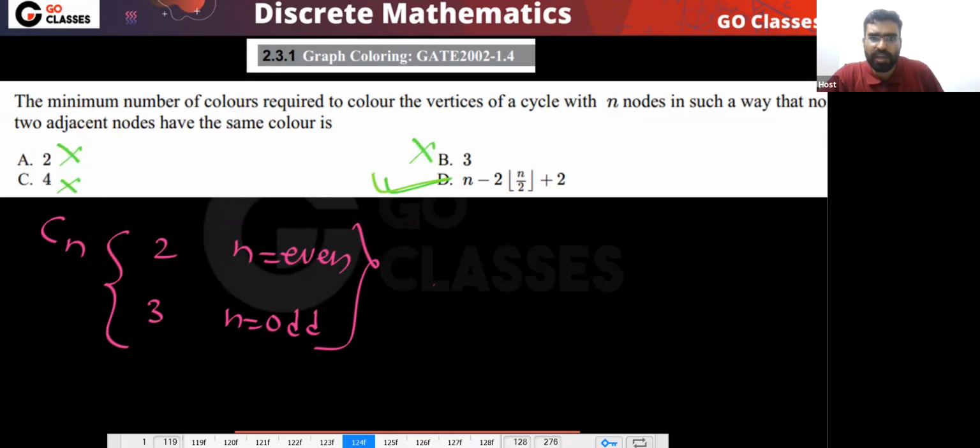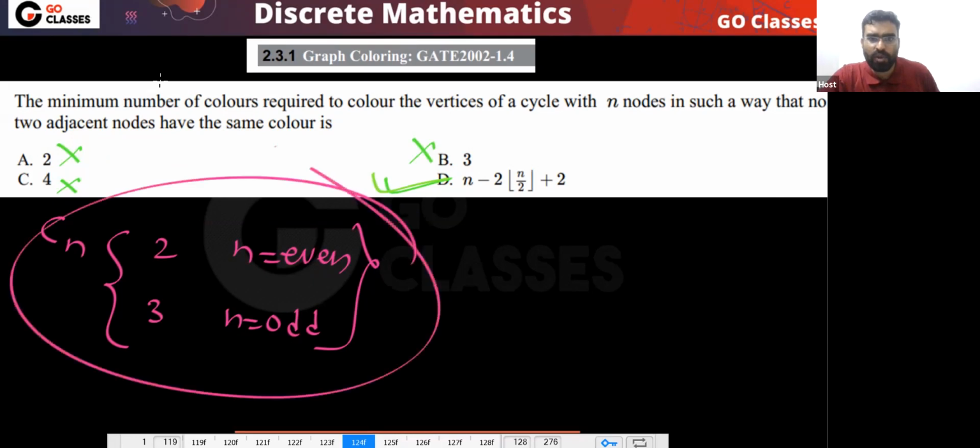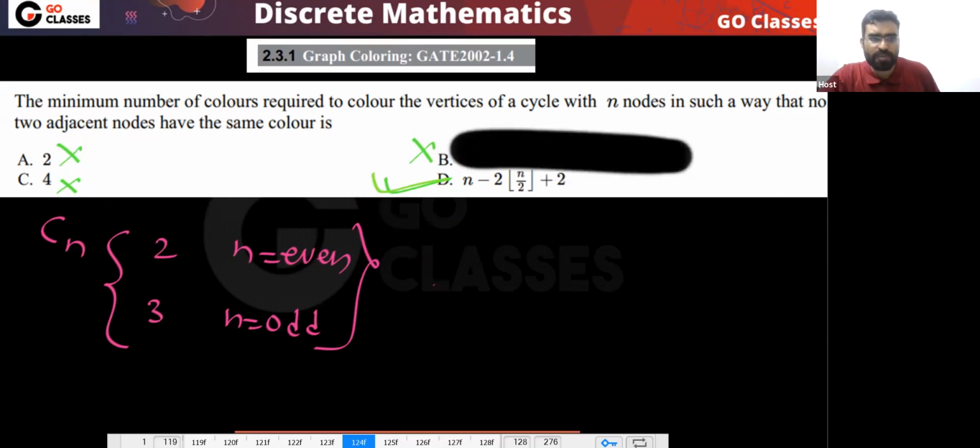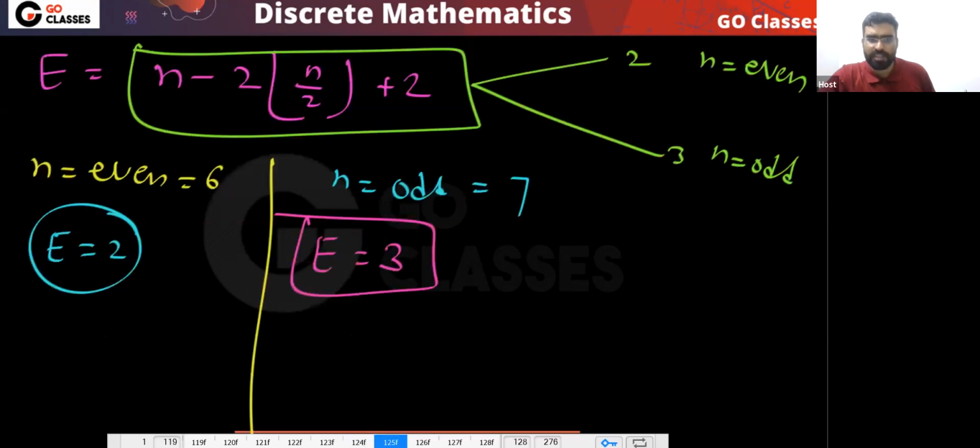So this is the beauty of the GATE exam. In the GATE exam, you have to apply your brain. If you learn this by heart, it will not help you, because they can change the option, and another option can be 2, n by 2 ceil plus 2, or something else. So you have to find out. So the answer will be option D.